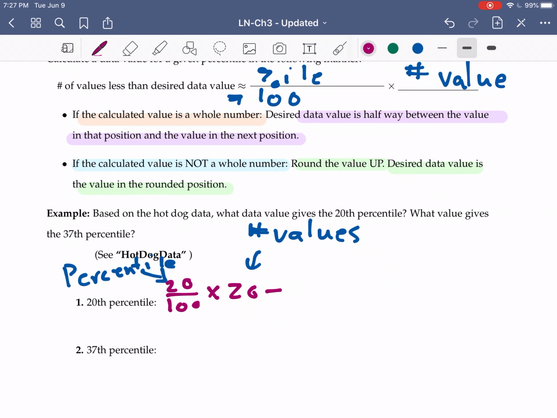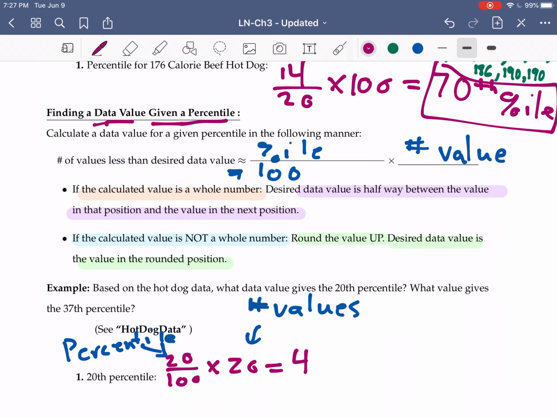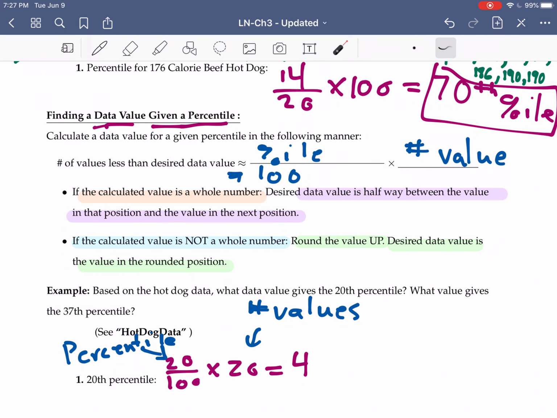When we multiply this, we get 4. We observe that 4 is a whole number. So since it is a whole number, the desired value is halfway between the value in the 4th position and the value in the 5th position.